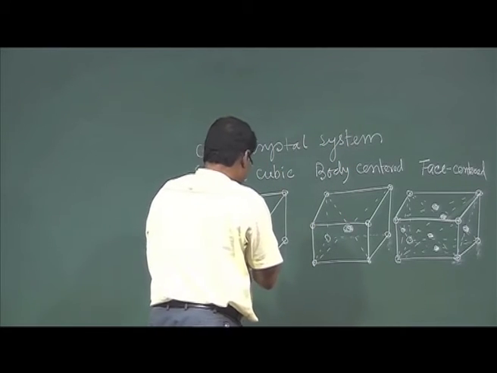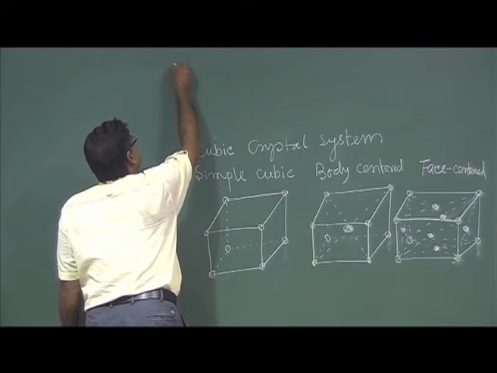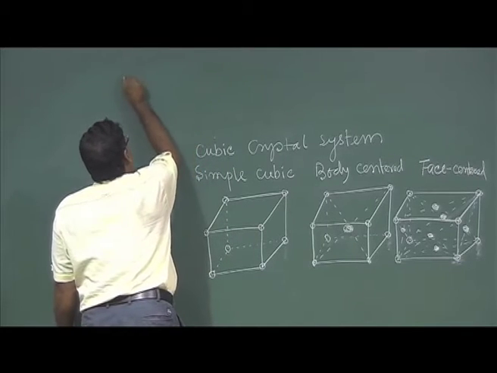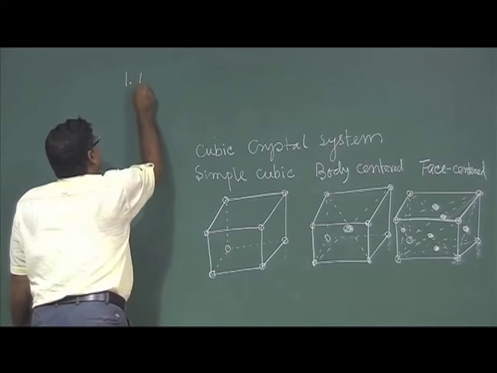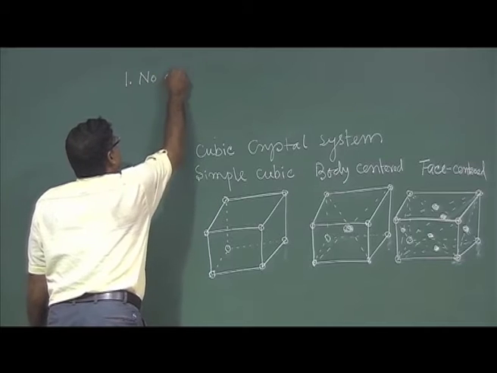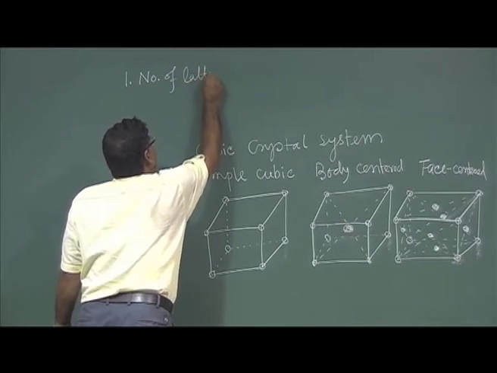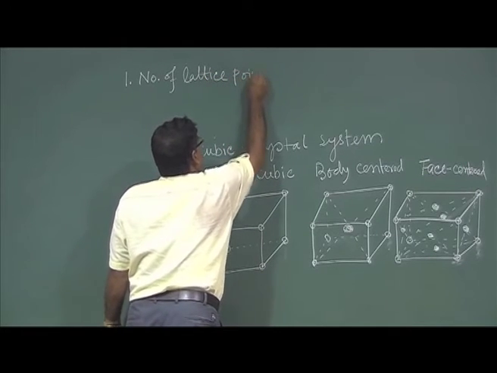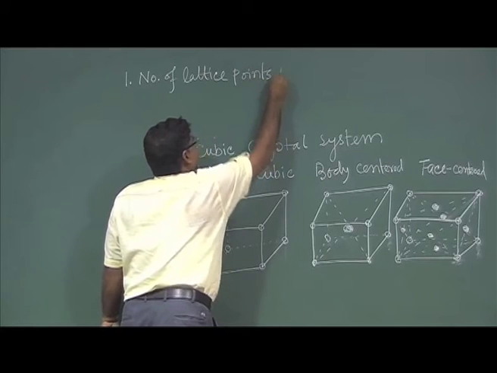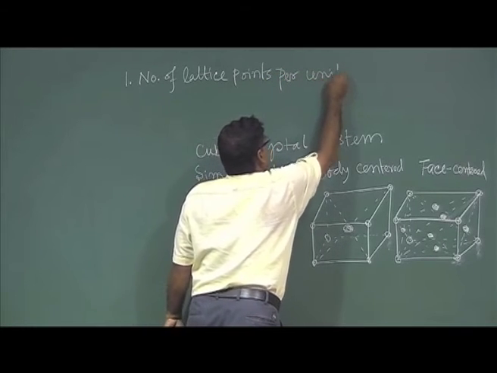If we want to calculate some parameters, one is the number of lattice points per unit cell.